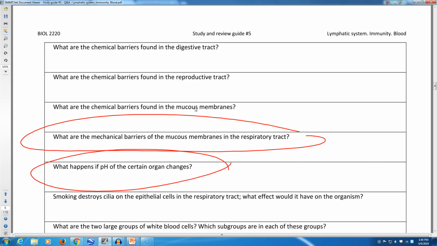It makes the organ more sensitive to the infections. Smoking destroys cilia. What effect would it have on the organism? Mucus keeps being stuck in the respiratory tract, which increases the chances of respiratory tract disease. Clear? Makes sense? Cool.